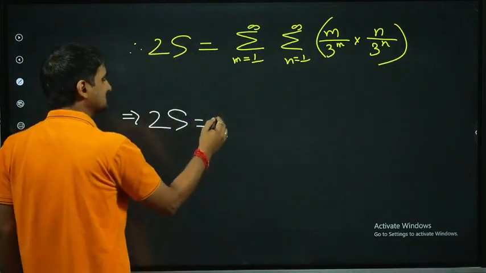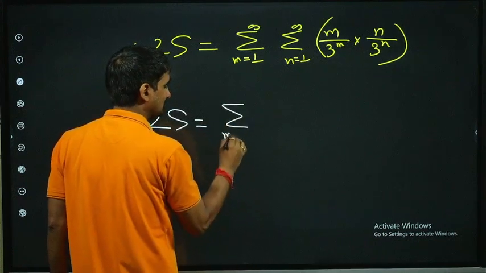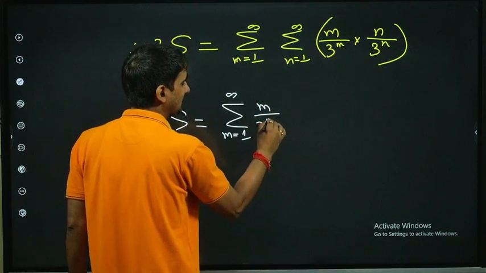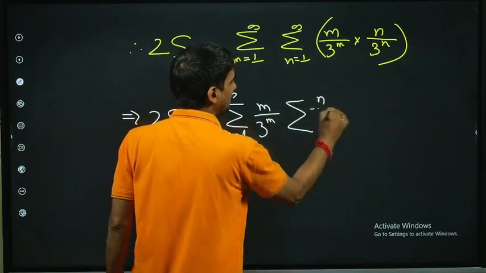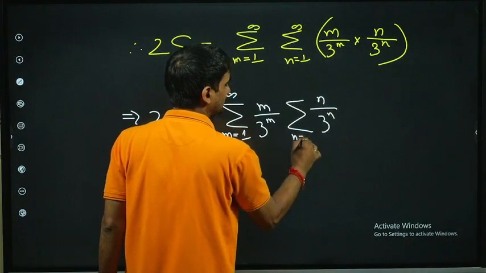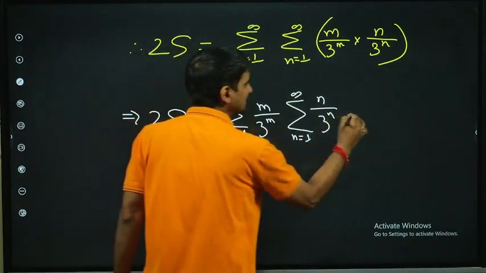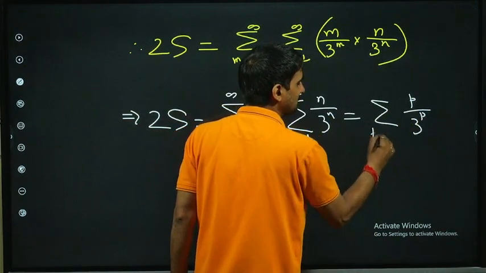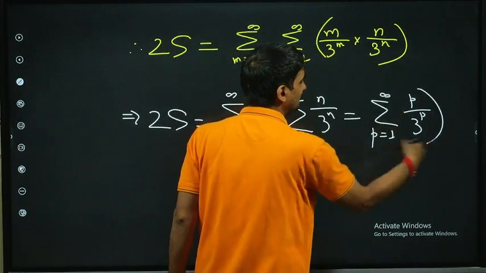So I can just distribute this summation: sum of m upon 3ᵐ, m from 1 to infinity, times n upon 3ⁿ, n from 1 to infinity. That's nothing but summation of p upon 3ᵖ, p from 1 to infinity, whole square.